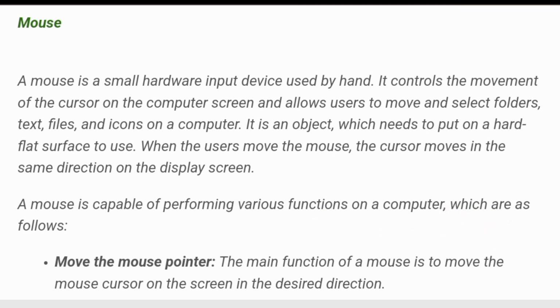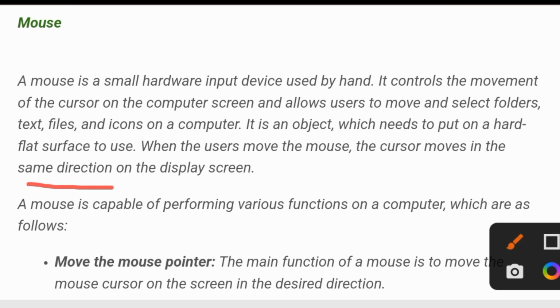It is an object which needs to be put on a hard flat surface to use. When the user moves the mouse, the cursor moves in the same direction on the display screen.